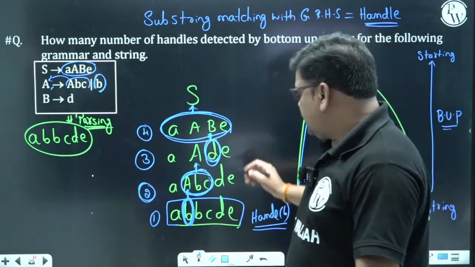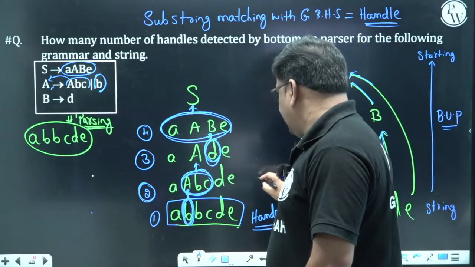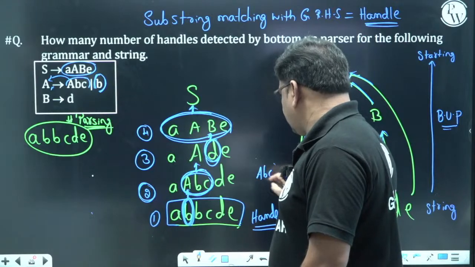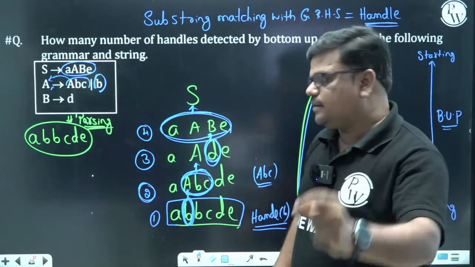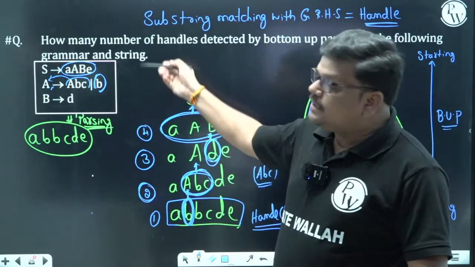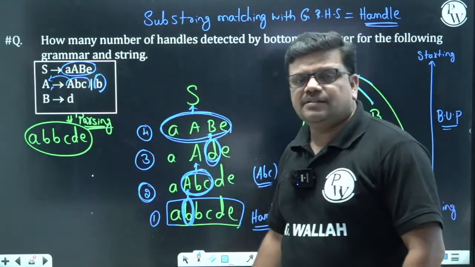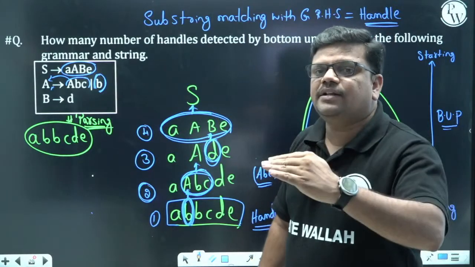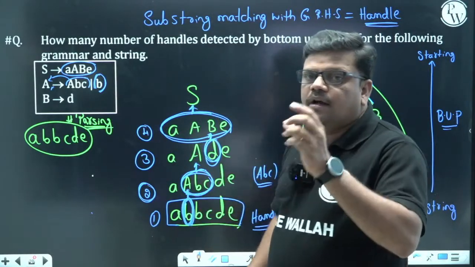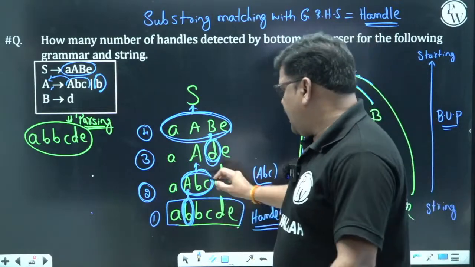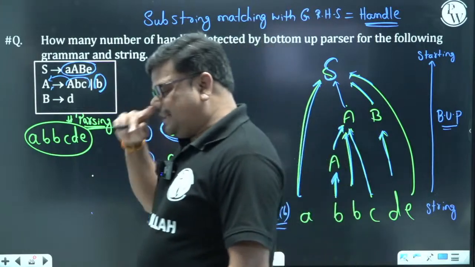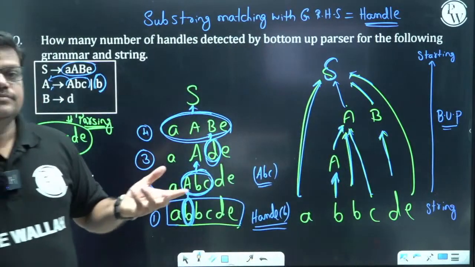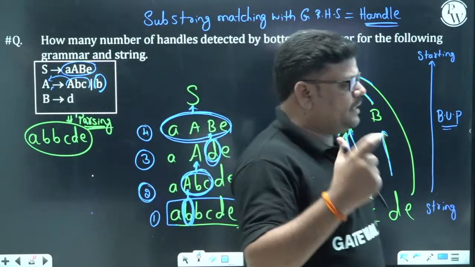Very good, the handle at the second step is ABC. Whenever a handle is detected, that handle is replaced by its left-hand side part. That is called reduce. The handle is reduced, this much of a big thing, to a non-terminal. Handle is reduced to non-terminal A. So these are the basic terminologies. Handle detection is the major concept here.